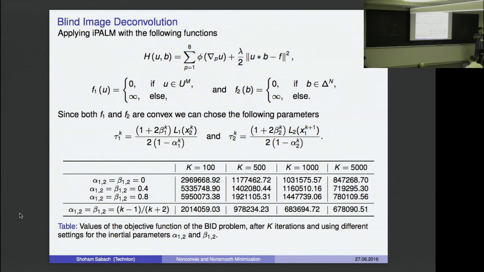But if you give it more iterations, then you get a much larger decrease when you use inertial parameters. And here we see that, again, if you give it 0.4, we get the most decrease. Again, the last line is just to motivate us to keep checking what happens if you choose these parameters, and it again gives the best performance.